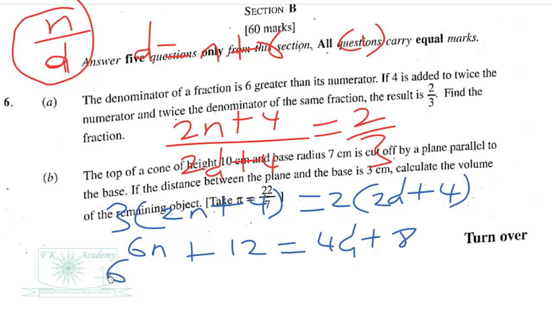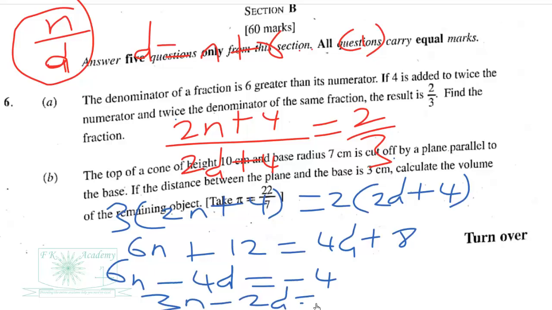So we have 6n minus 4d is equal to 8 minus 12. That will be negative 4. If we divide through by 2, we get 3n minus 2d is equal to negative 2. Let's call this our second equation.